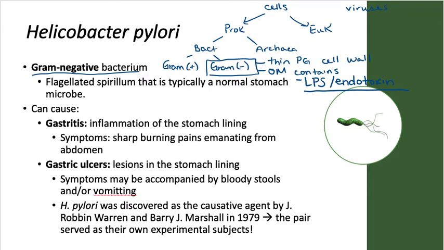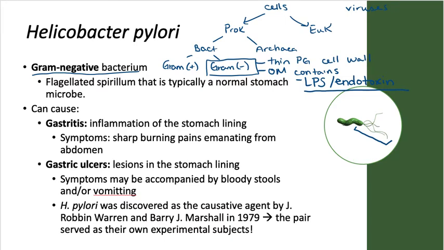It's also a flagellate, and the cell shape or the cell morphology is that it is a spirillum. Not a spirochete, but just a basic spirillum. And do you all remember what it is called when a bacterium has flagella at the end of the cell, but there's many of them?